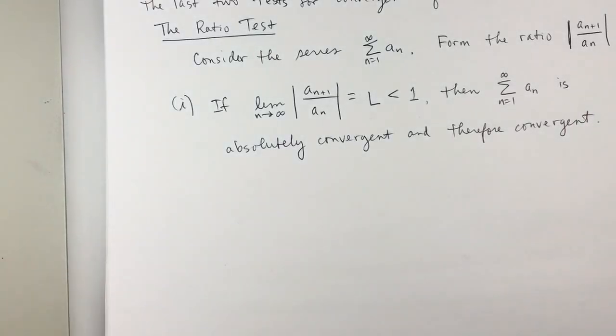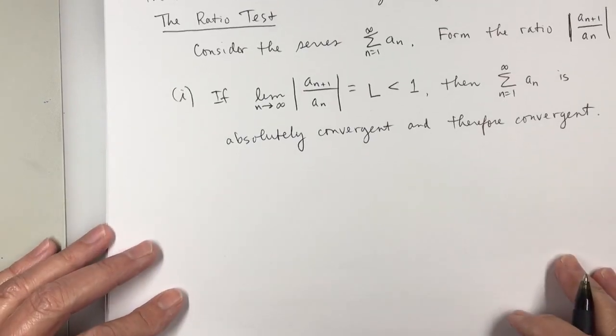So the ratio test and the root test are really going after something stronger than just convergence. It's going after absolute convergence.